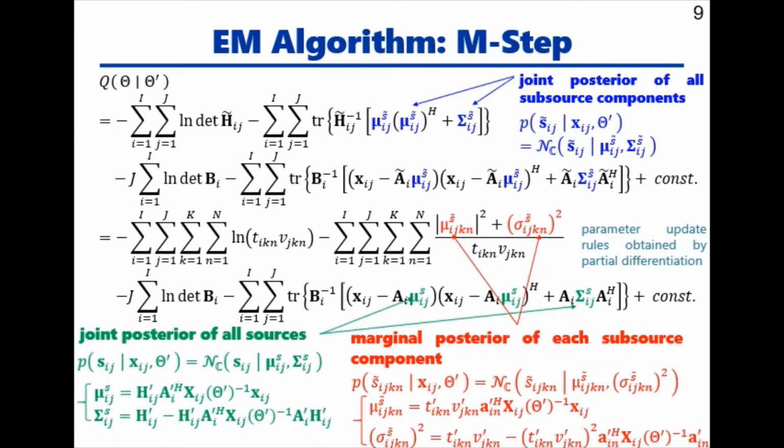Although we omit the derivation, the Q function is given by this equation. Here, the blue variables are the parameters of the joint posterior of all subsource components S tilde. After some calculations, this can be rewritten like this.